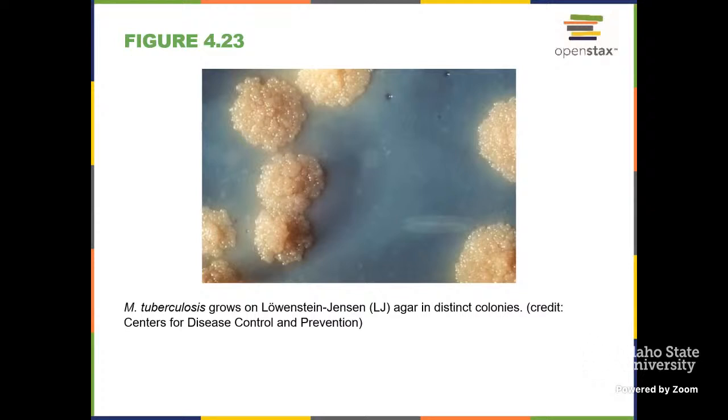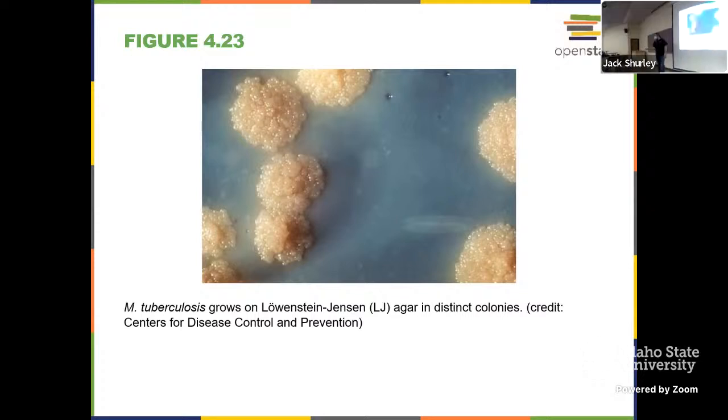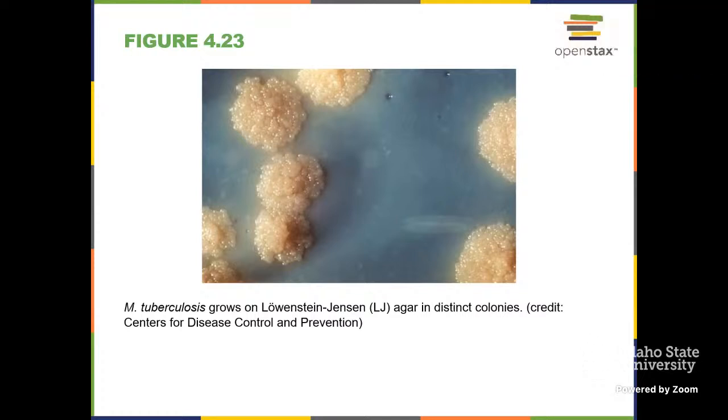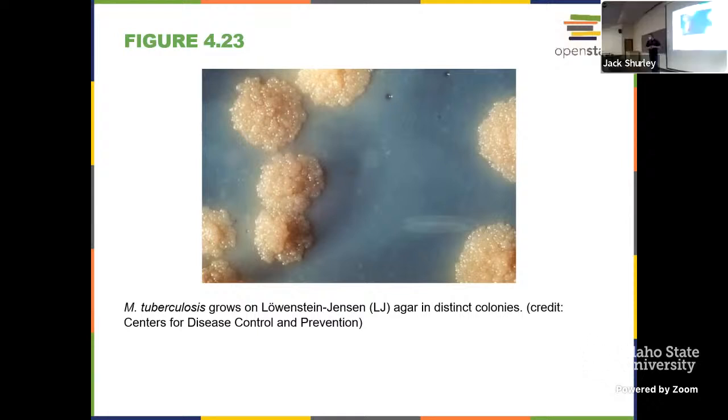And if we really are thinking tuberculosis, Lowenstein-Jensen agar is a very specialized type of medium that is inhibitory to pretty much everything else. We really are focusing in on mycobacteria. So this type of organism wants to grow on these plates.